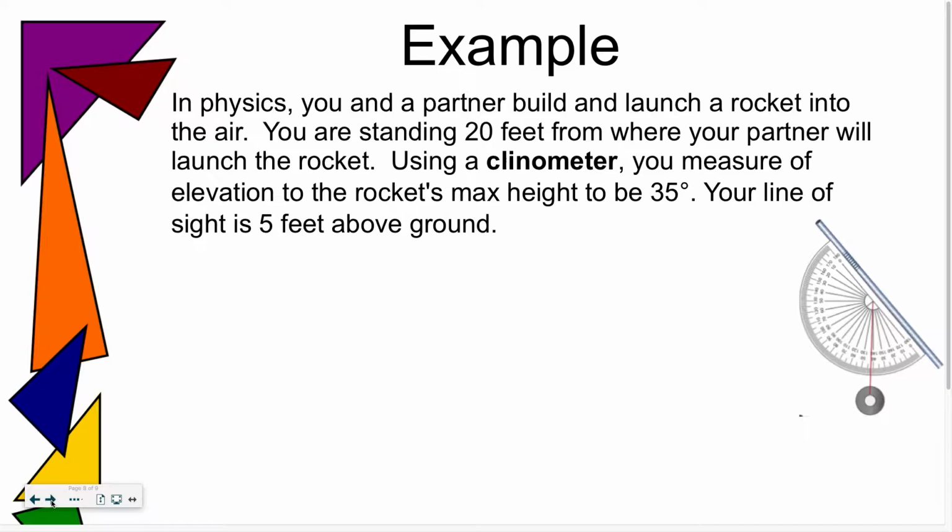You hold it up and follow the rocket, and when you see the rocket reach its max height, you pull the trigger and it locks where the angle was, so you don't have to worry about reading it. So we've used a piece of equipment to measure our angle of elevation at 35 degrees.